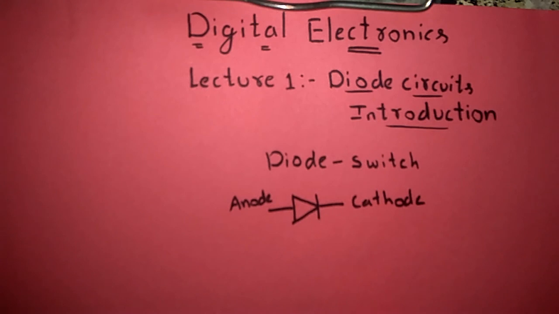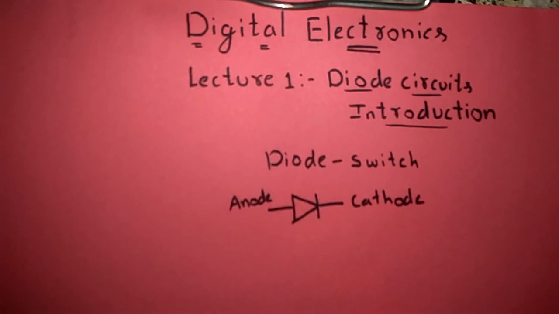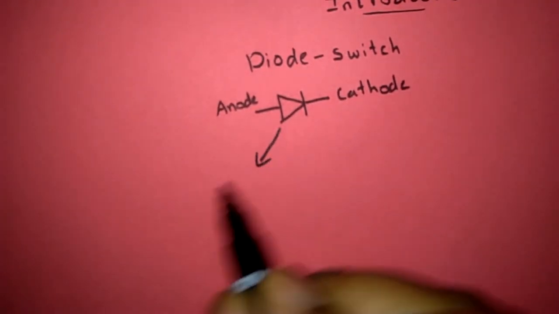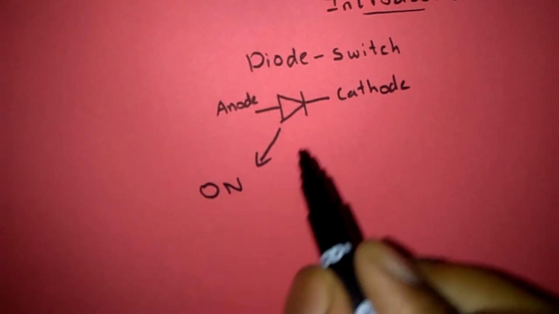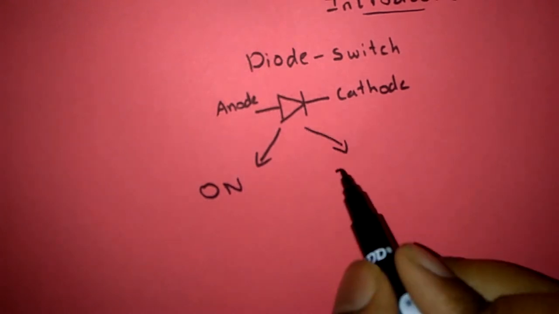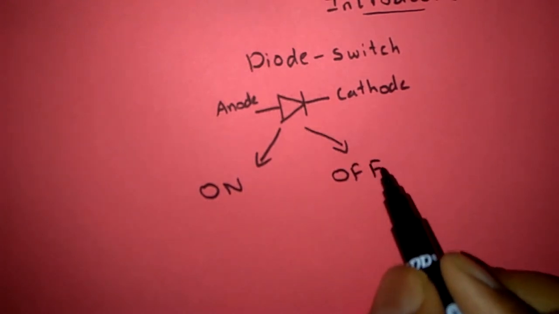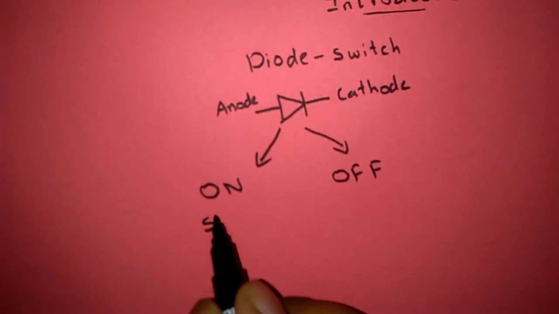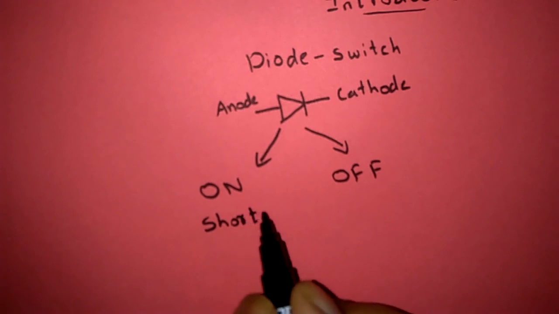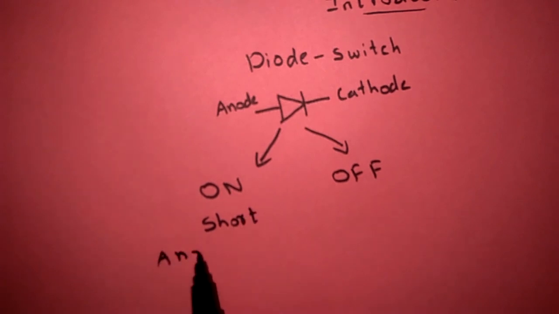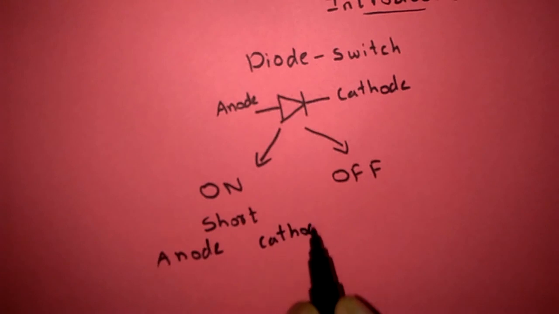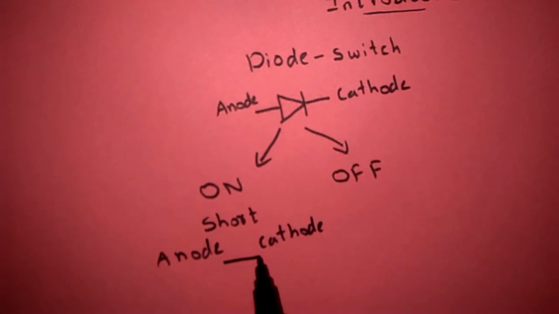Since I said diode works like a switch, it has two conditions. One is on condition, another one is off condition. When diode is in on condition, it acts like a short circuit. That means from anode to cathode, a path appears.